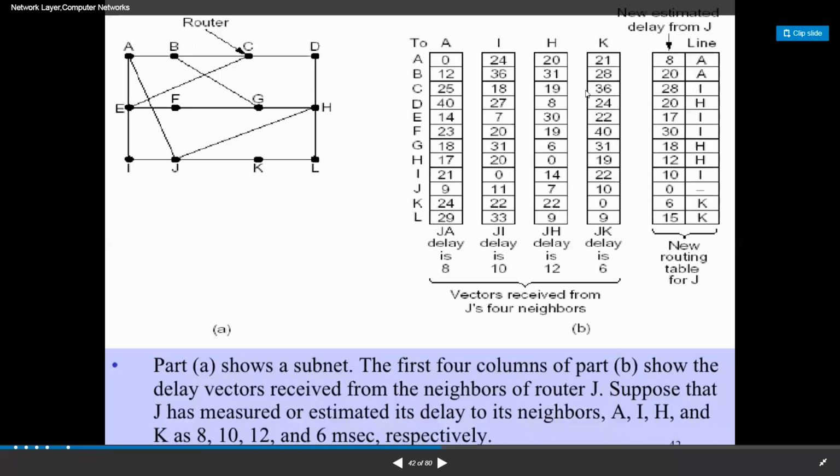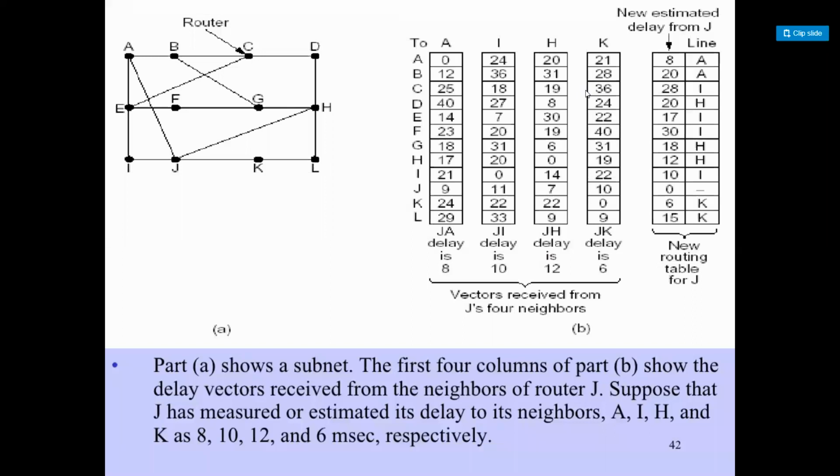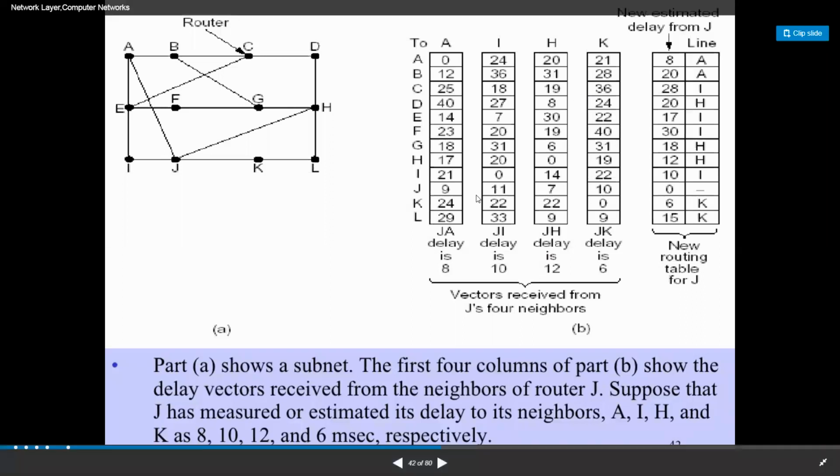The first possibility to go from J to B is J to A and A to B. J to A delay we have given 8 and A to B value we know here 12. 8 plus 12 is 20. This is the first value.